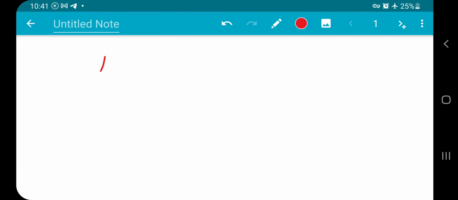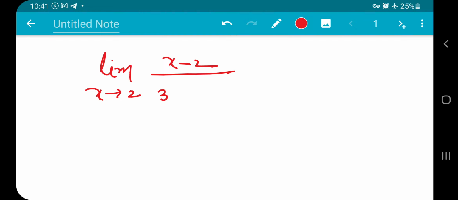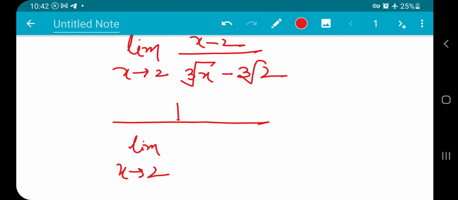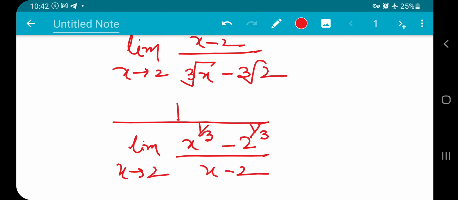Let's take an example. Limit x tends to 2, x minus 2 by cube root of x minus cube root of 2. So we can write like this: 1 by limit x tends to 2, x to the power 1 by 3 minus 2 to the power 1 by 3 by x minus 2.